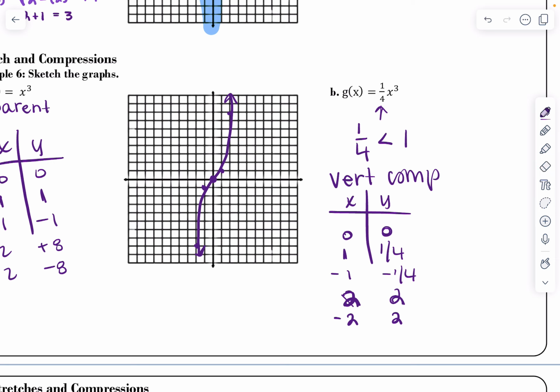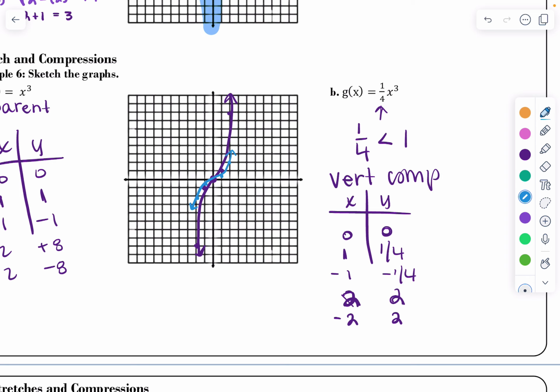I'm going to pick a different color so you can see it. Blue. Okay. So 1, 1/4 about right here. -1, -1/4 about here. And then we have 2, 2 and -2, -2. So notice it's compressing it to flatten it out vertically.